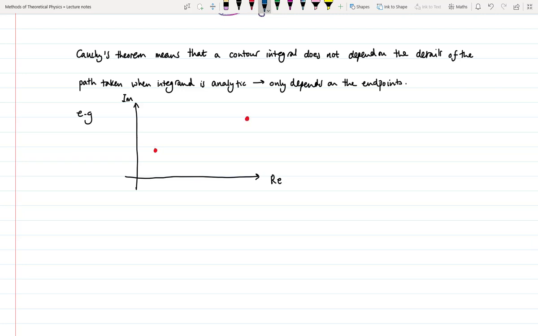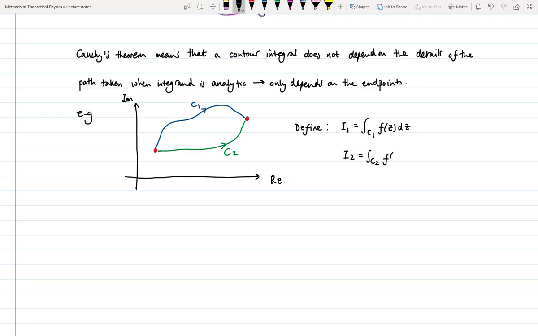And we can define this path, and call it C1, and also this path, which we can call C2. Let's define the integrals along these two paths. Let's define I1 as the integral along C1 of our analytic function f of z dz, and I2 as the integral along the second path, C2.